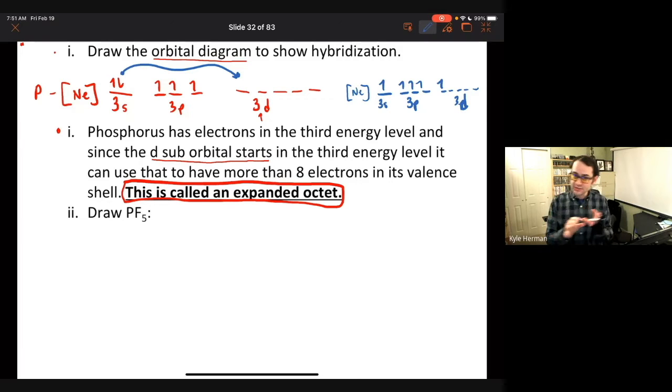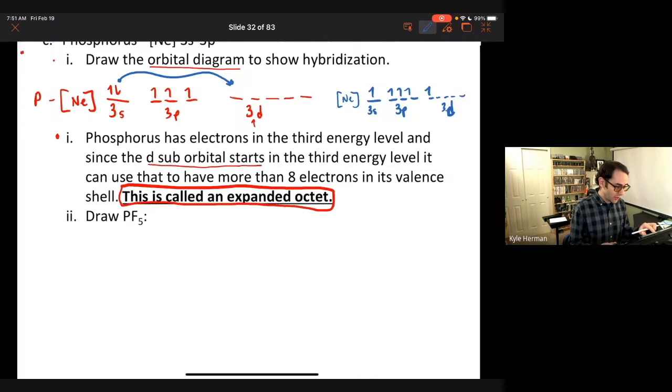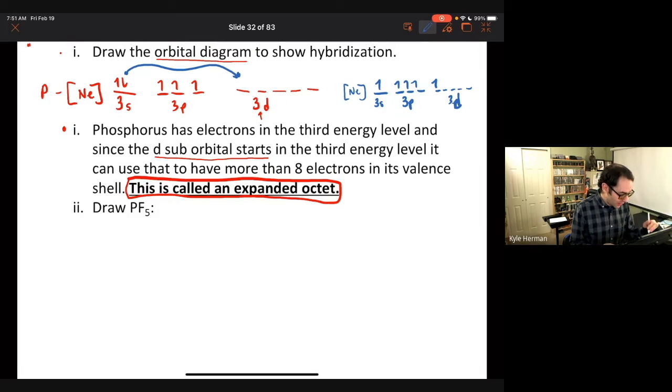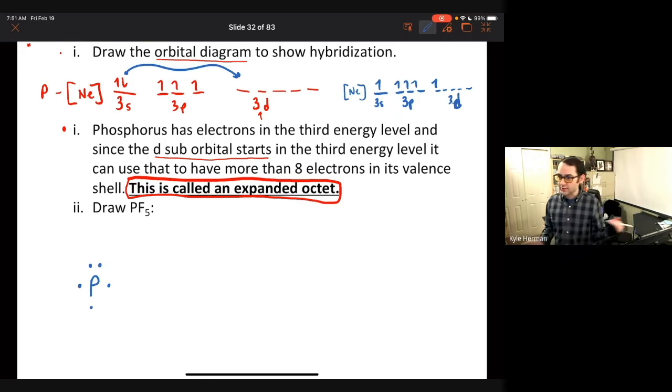Now, check this out. If we actually draw what phosphorus looks like, you'll see this looks a little odd. Phosphorus has 5 valence electrons, and we normally would draw it like this, and say you can only bond to the single ones, which is correct most of the time.